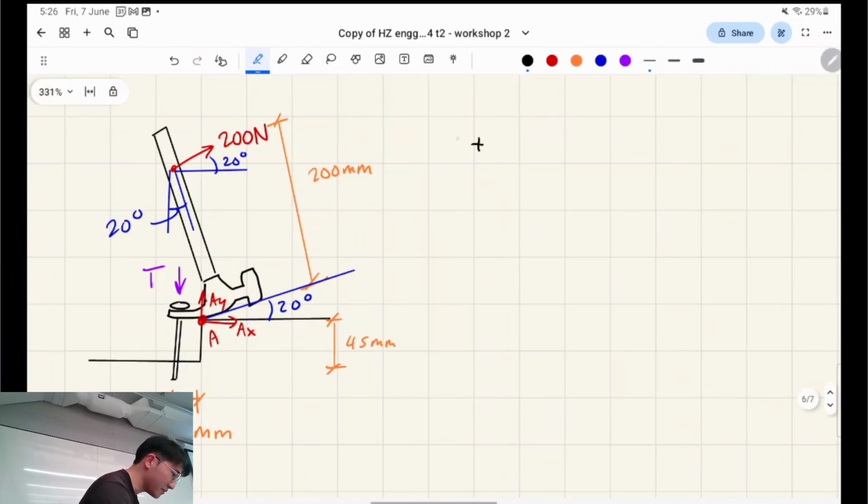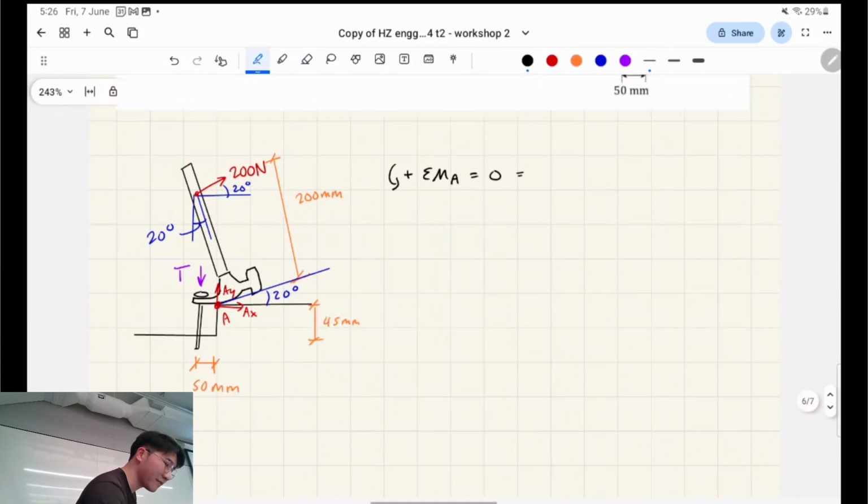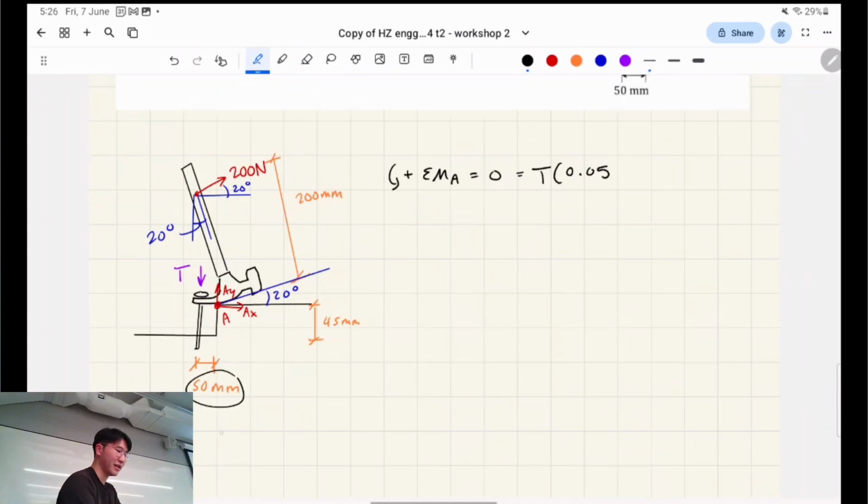Okay, sum of the moments is equal to 0, about point A, right? That's T. We're going to do it in meters. In my solutions, I've converted the millimeters to meters straight away.